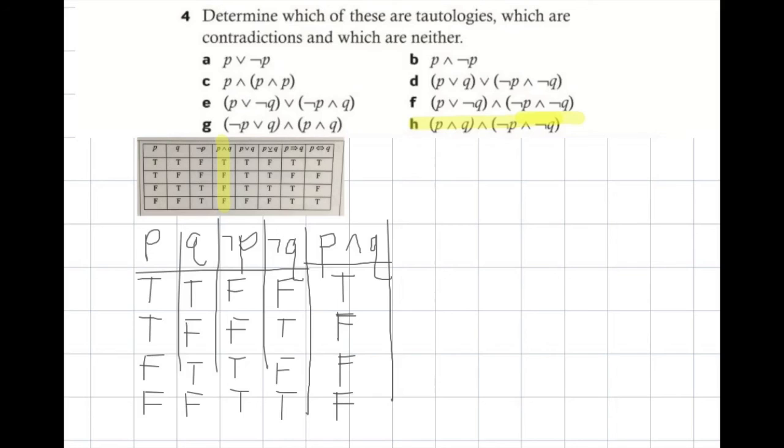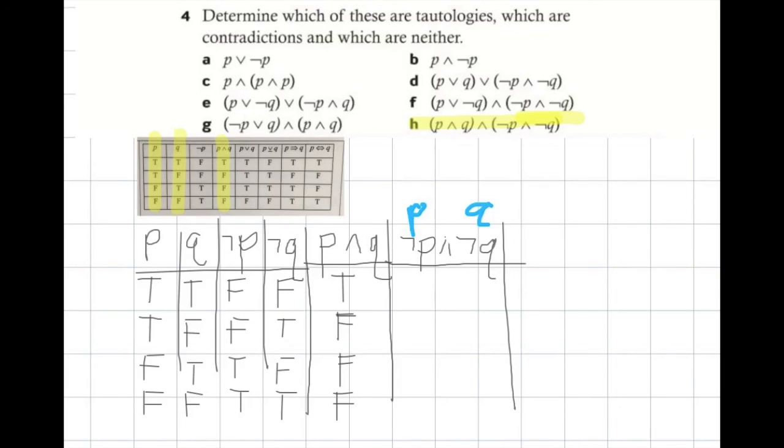Okay. And then the next one is not P and not Q. Okay. So now we're still looking at the AND symbol, but this is like P and this is like Q in our columns up here.